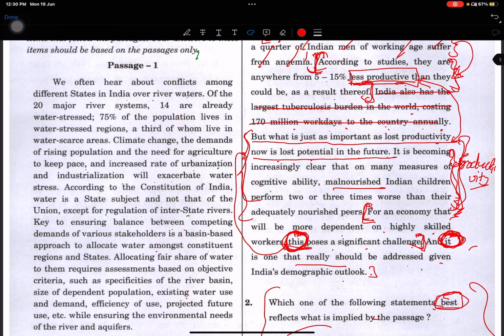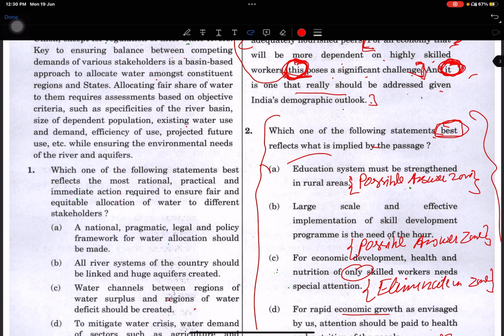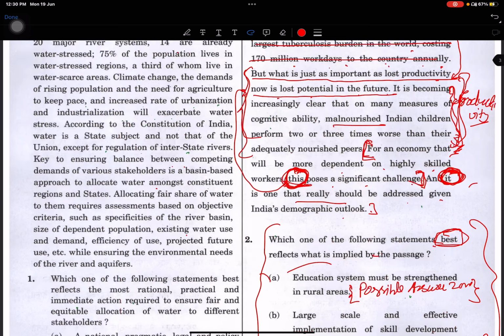Okay, now we will read the question in step 3.